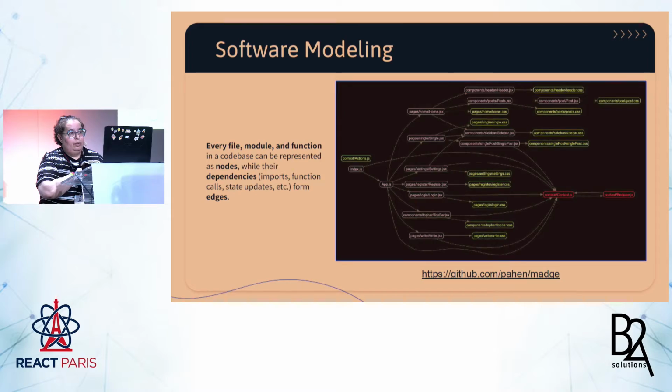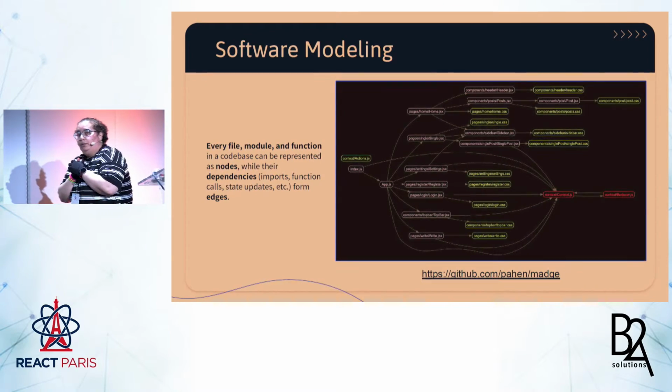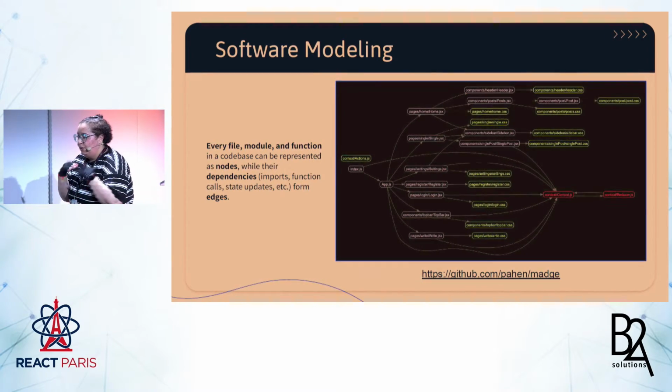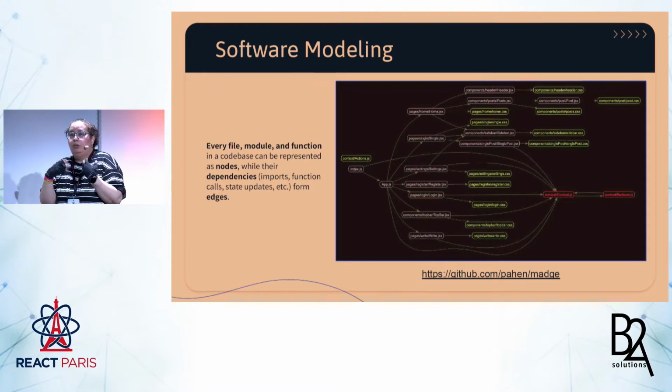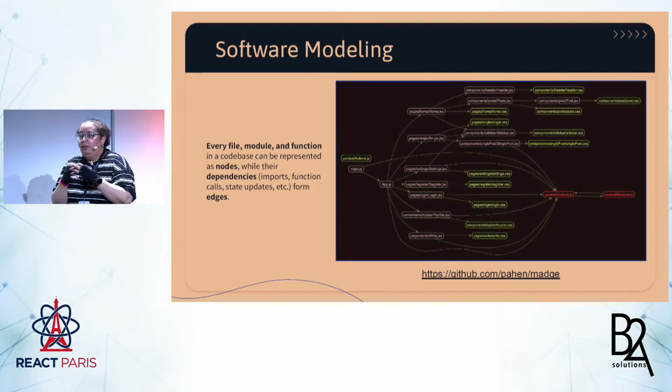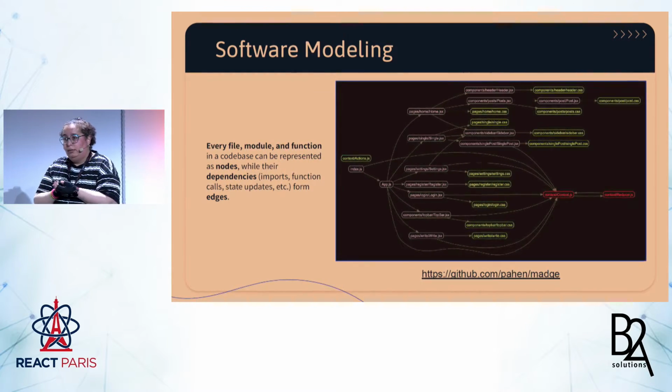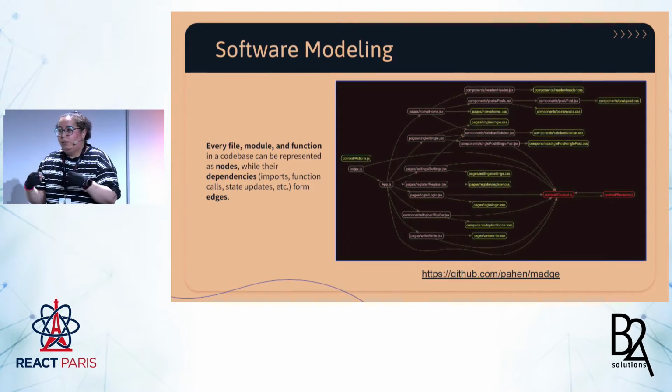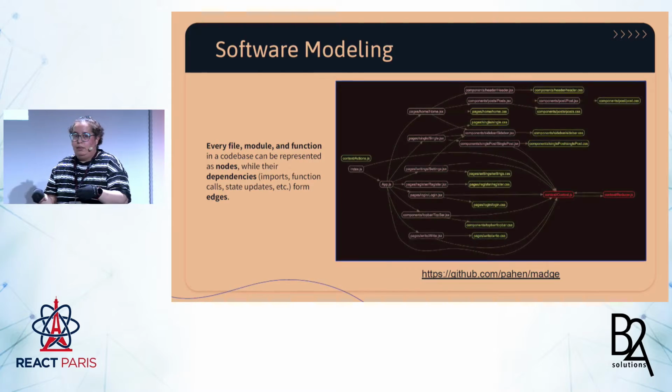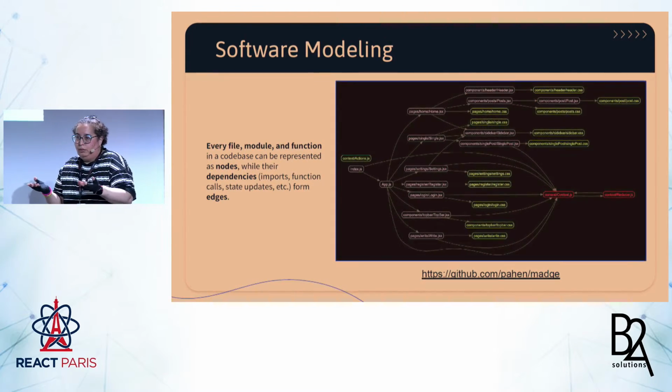So the first step in graph theory is to model software. Modeling software using a graph is to consider that each file is a node and each import is an edge. It is very important since this models file interaction.